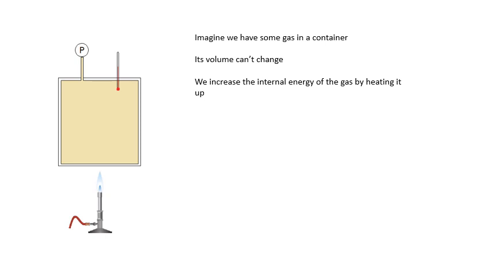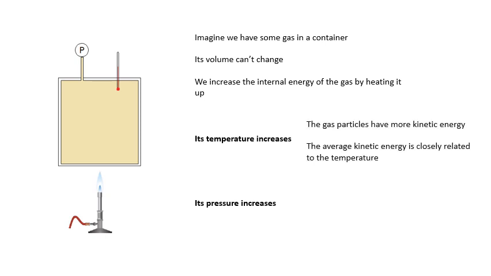So what difference will that make to the temperature and the pressure of the gas? Well, obviously, if we're giving it internal energy, then the temperature is going to get bigger because the particles will have more kinetic energy. The gas particles have more kinetic energy, and there's a relationship between the kinetic energy and the temperature.